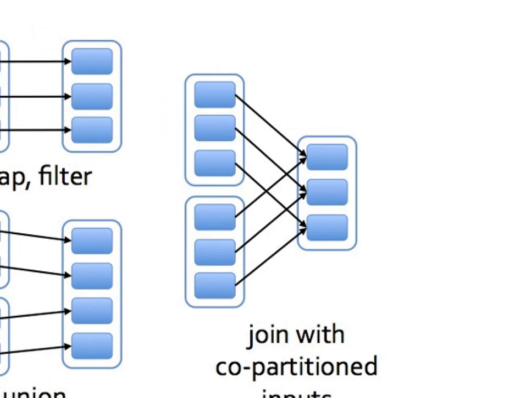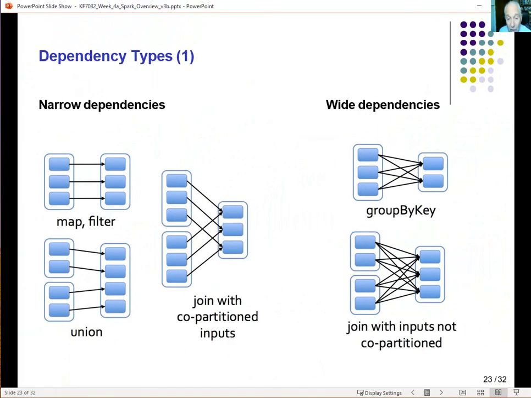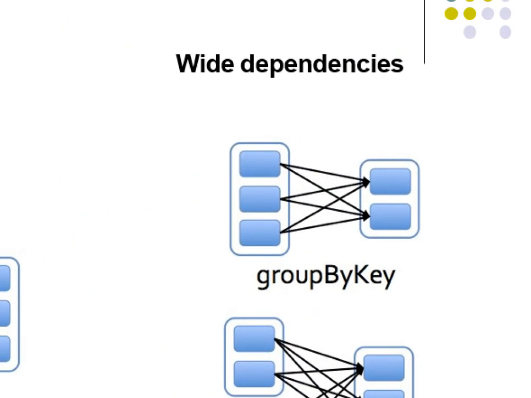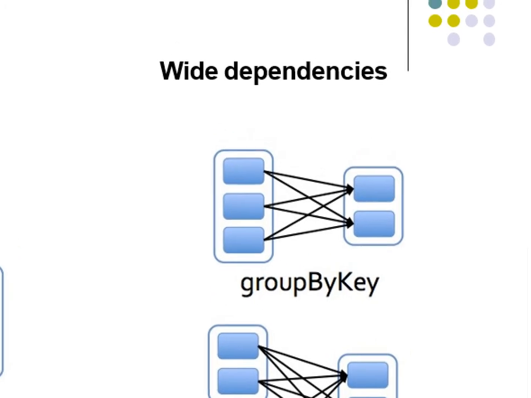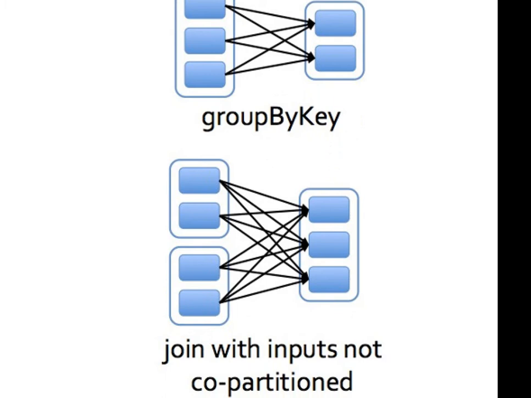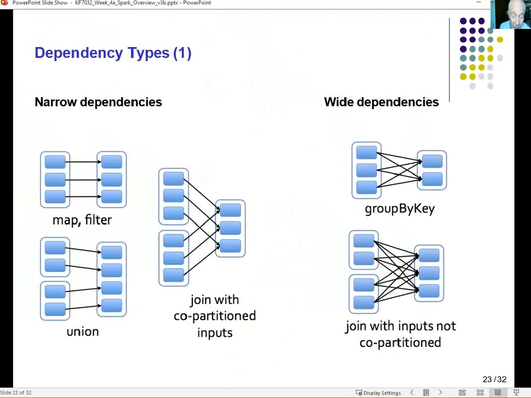And again, this could cause significant slowdown. Wider dependencies, such as grouping data items. So grouping data items, very common operation. And as you can see by the depth of the arrows, this can be quite inefficient.